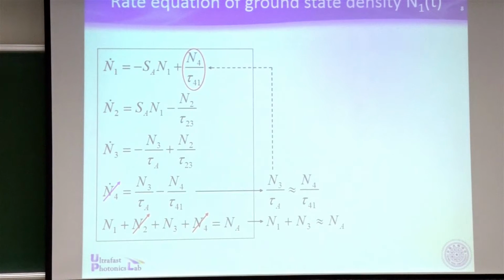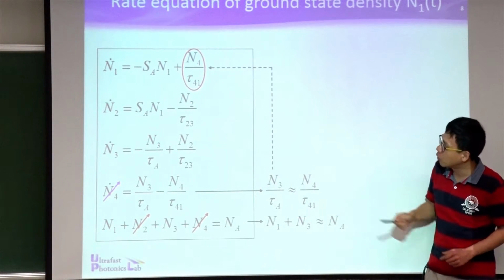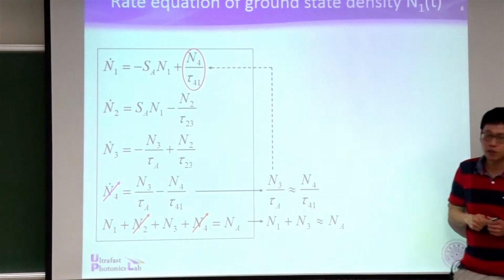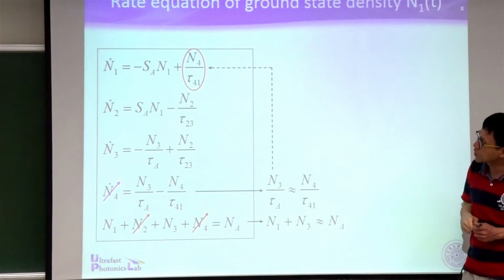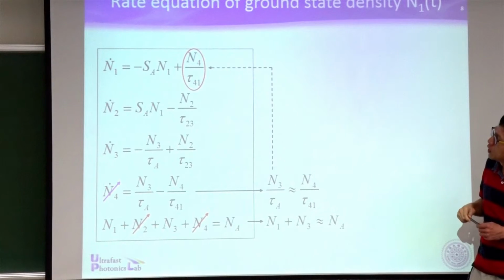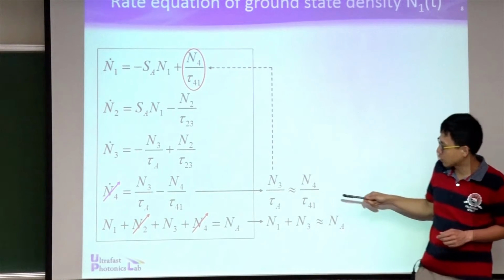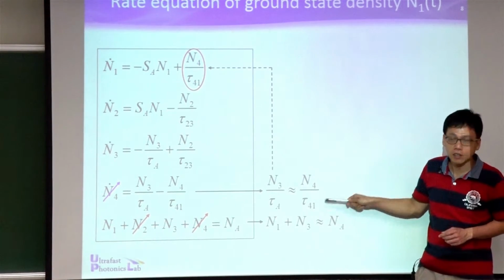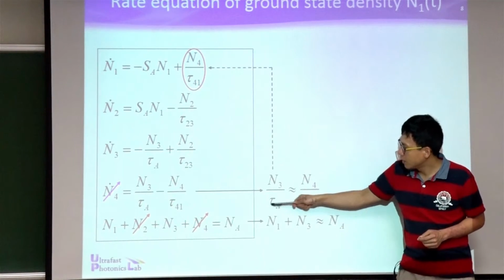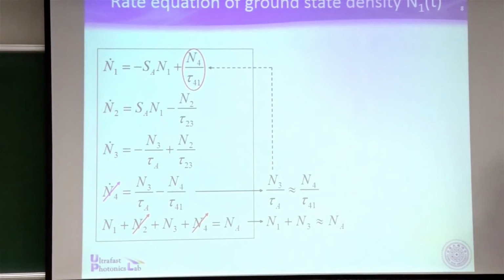Then we can use the simplified equation 4, apply it into equation 1, because in equation 1 we have a ratio N4 over tau 4y, which is here. Now you can replace it by N3 over tau A. So you will not see N4 anymore. After that, you got this equation.